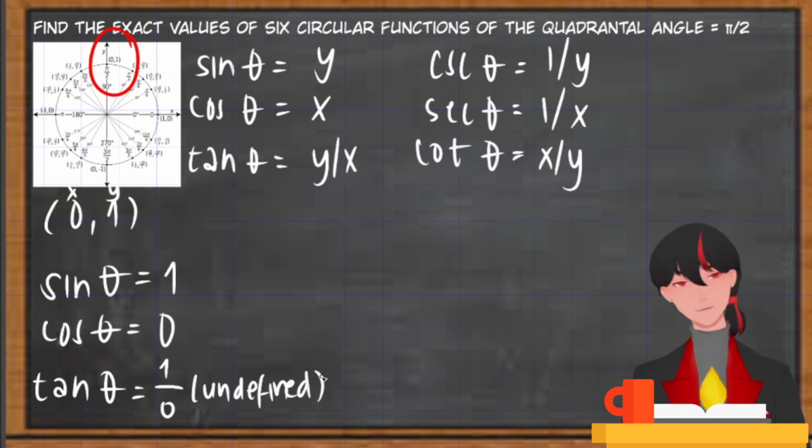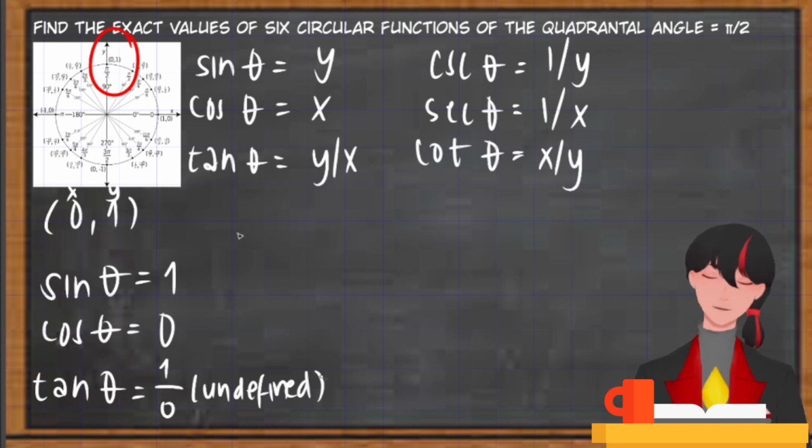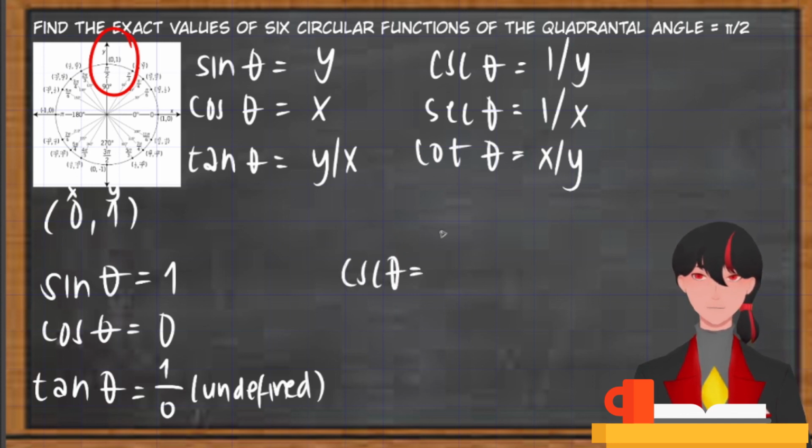Now, remember what I said earlier about cosecant, secant, and cotangent just being the reciprocals of sine, cosine, and tangent. We can just take the reciprocals of the values of sine, cosine, and tangent, but since we have the formulas, we just plug it in. So cosecant theta would be 1 over y, so 1 over 1 would just be 1. Easy enough.